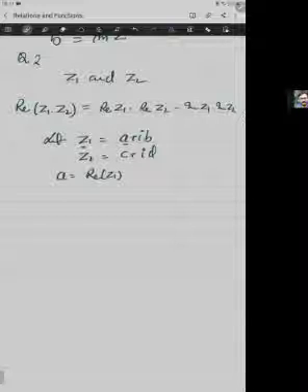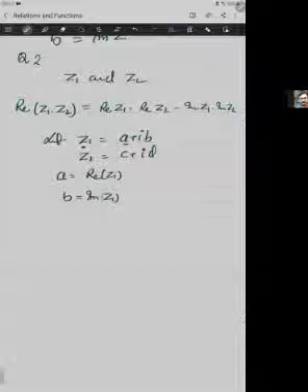Now try to think, A can be said as the real part of Z1. B is the imaginary part of Z1. C is the real part of Z2.